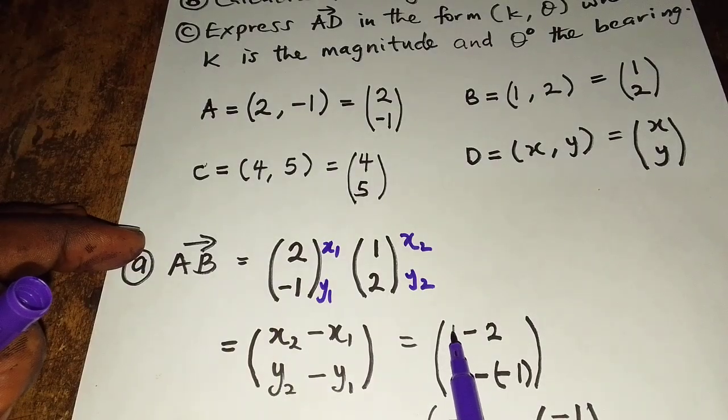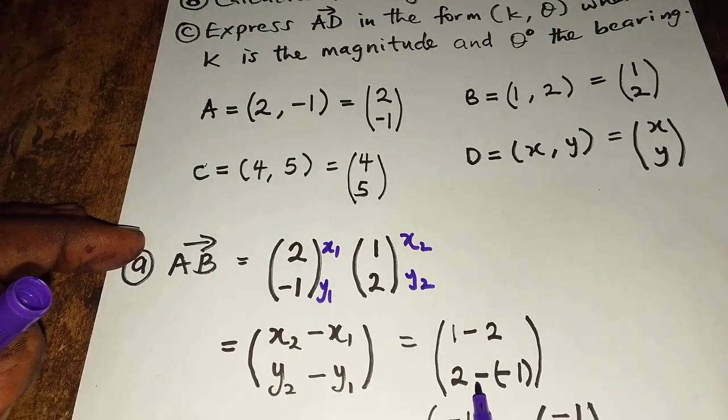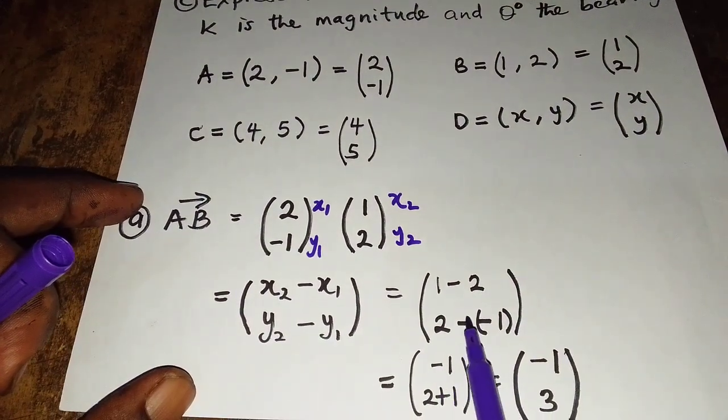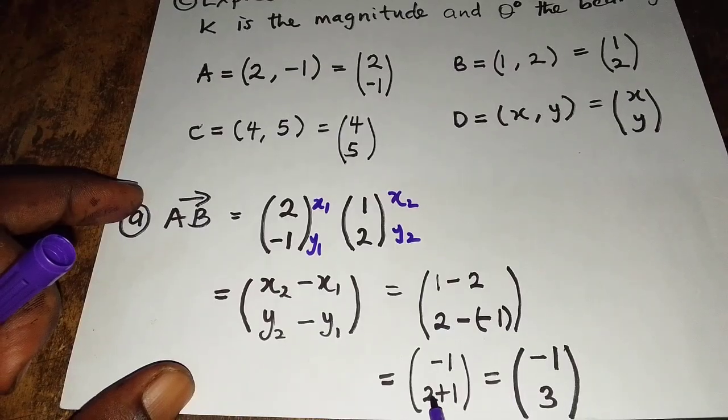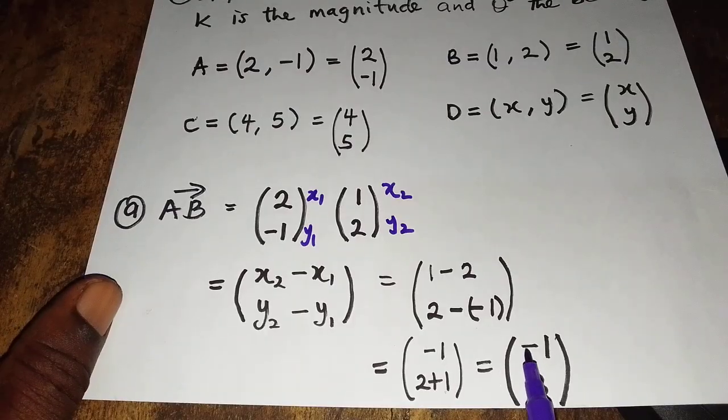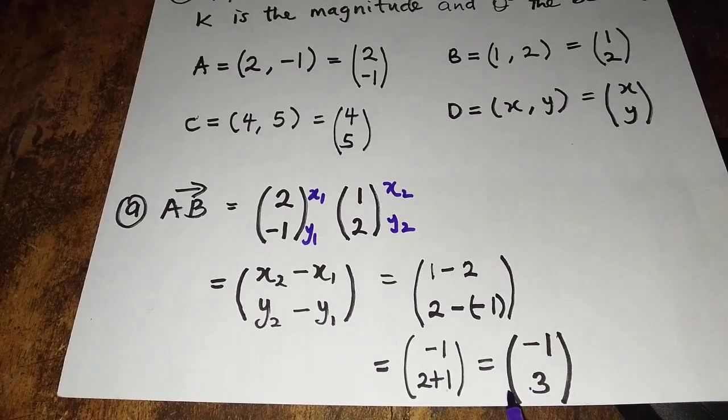So we have 1 minus 2 and 2 minus 1. 1 minus 2 gives us -1. Minus times minus gives us plus, so 2 plus 1 gives us 3. So the vector AB is -1, 3.